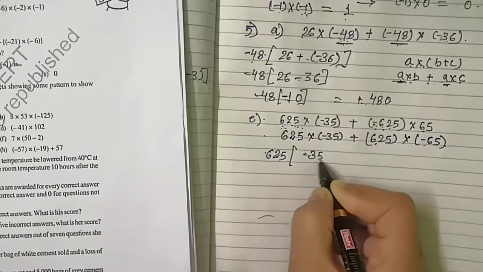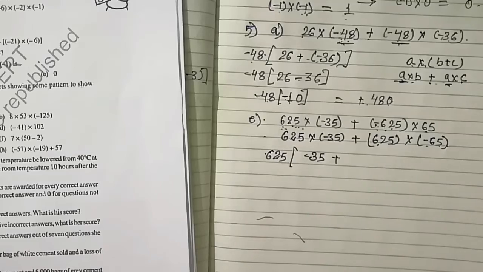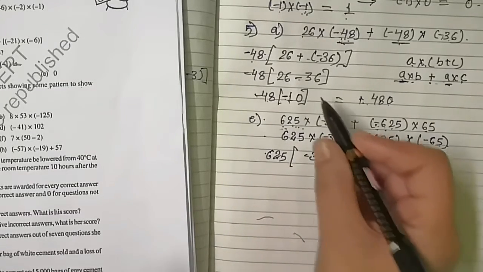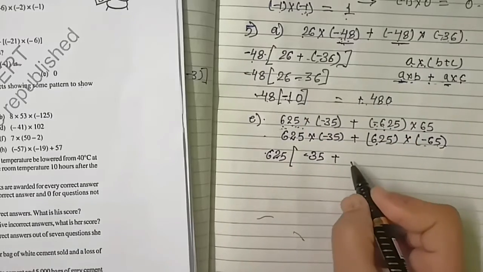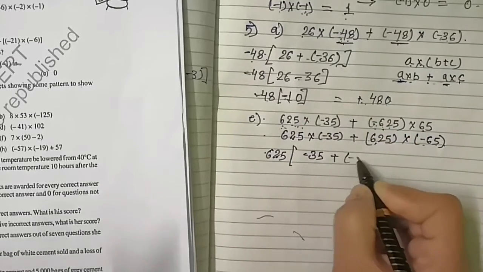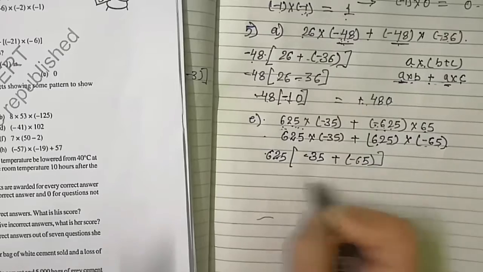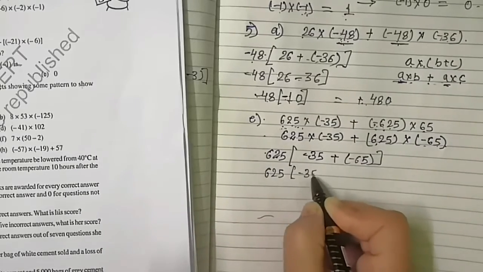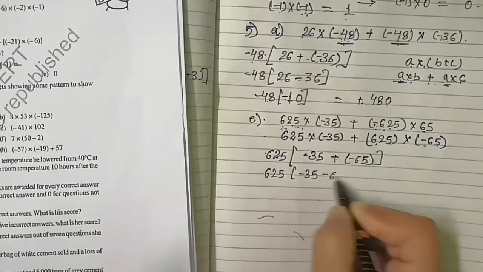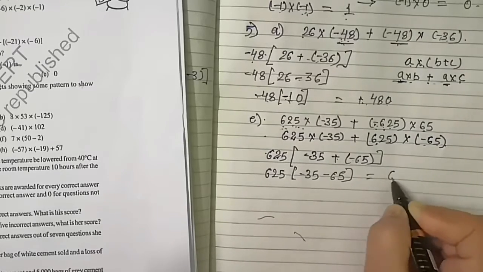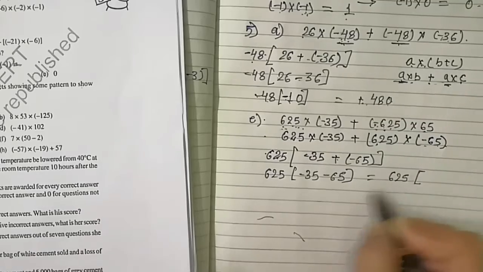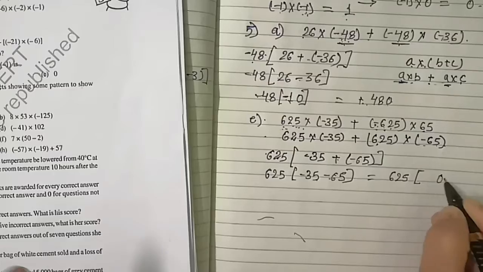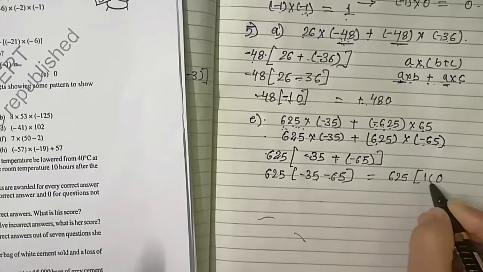625 into minus 35 plus minus 65. Same distributive properties we will apply, whatever we did in question A. 625, and minus minus will be plus, 35 plus 65 is 100.